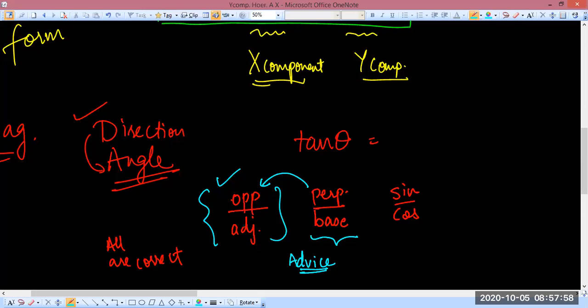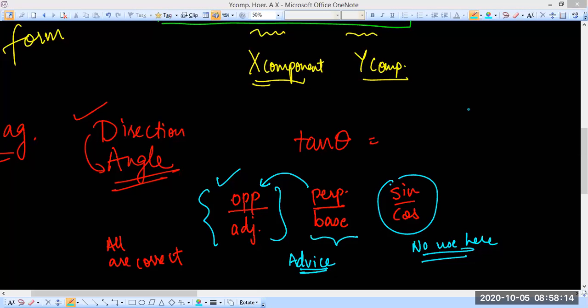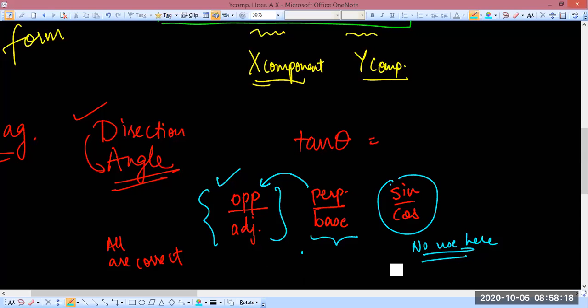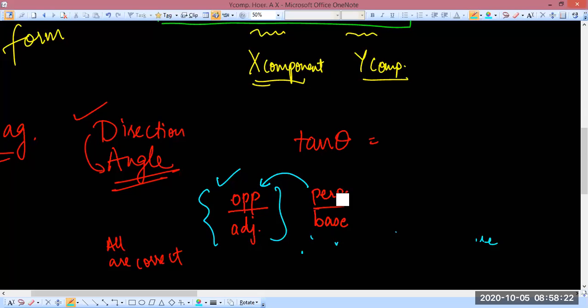Now some of you said sine upon cos. It is correct, but it is of no use here, right? In this particular situation, it's of no use here, so we will not use it, right? Vedant still says perpendicular upon base, but I say no, right? People, please learn opposite, adjacent and hypotenuse. Okay, that helps a lot.